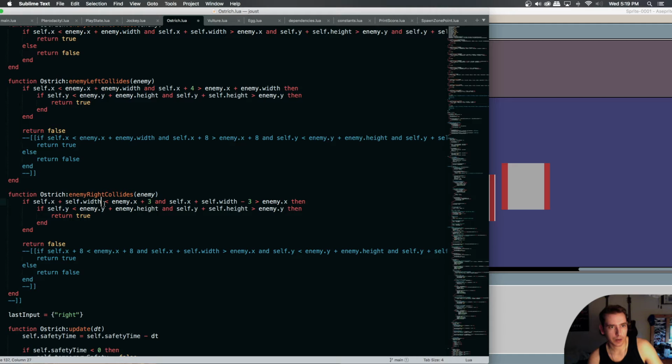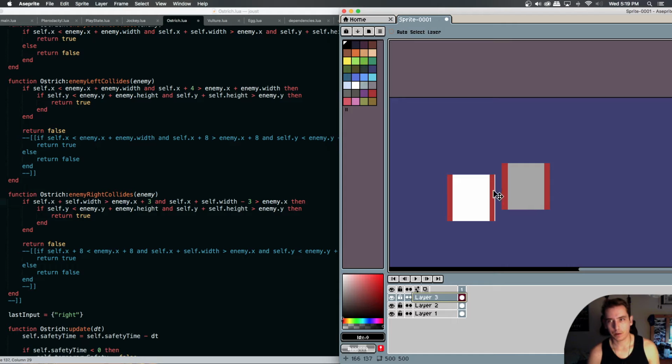So the rightmost side of our ostrich would have to be greater than the leftmost side, so it would be true right here, because it would be greater than the leftmost side.